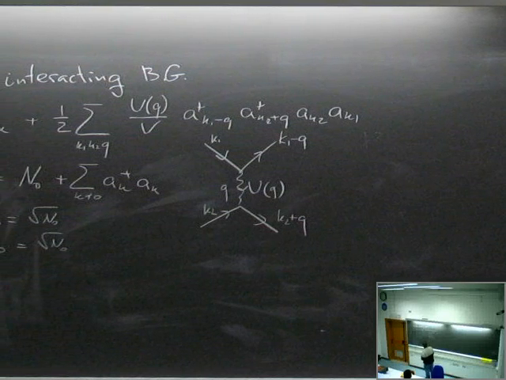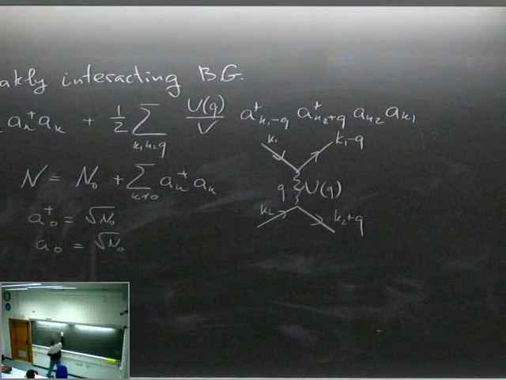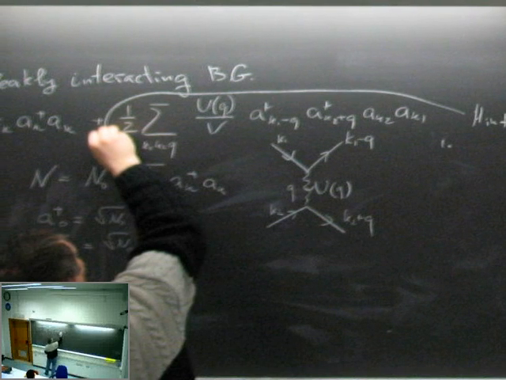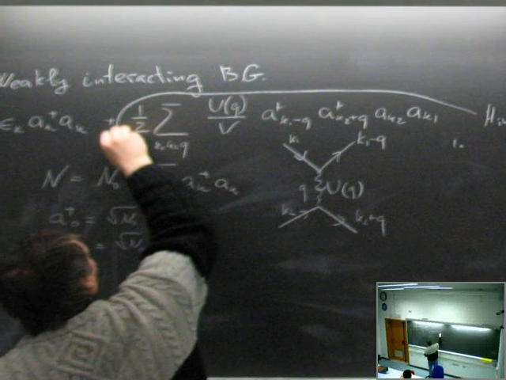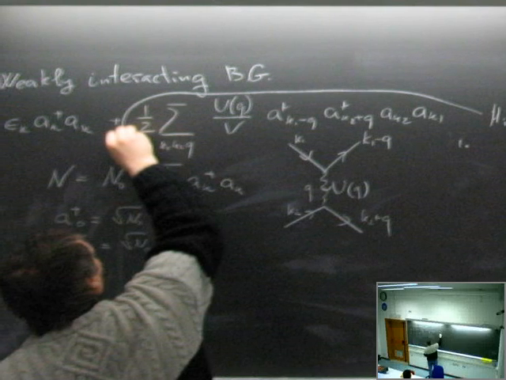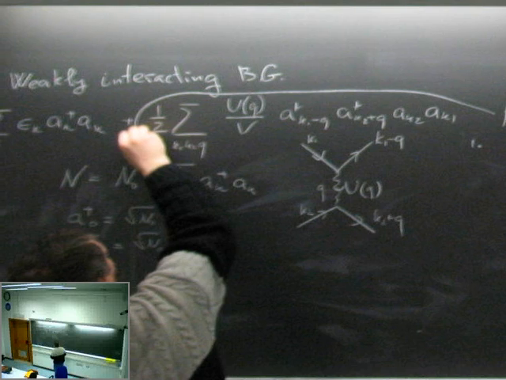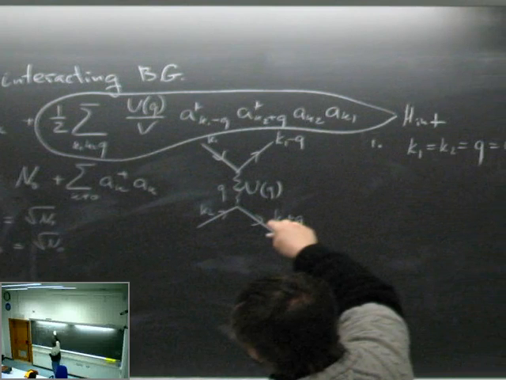Let's first deal with H interaction. So this is my H interaction by definition. And if I have both particles in the condensate, which means K1 is equal to K2 equal to Q equal to 0, then this term contains 4 operators.